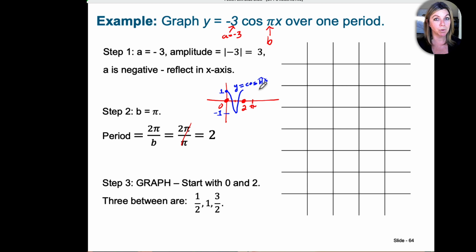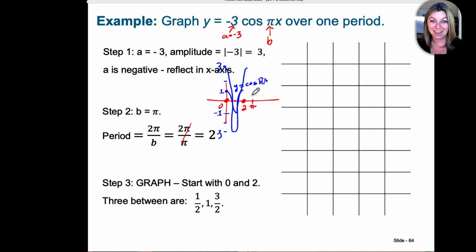But we have 2 more transformations to apply. That is amping up, so it's not just going to bounce between +1 and -1. This is actually going to bounce between positive 3 and negative 3. So let's amp this up. I'm going to go like this. Whoa. That is a really bad sketch, but hopefully you get the idea. I'll show you a visual that looks a lot better.